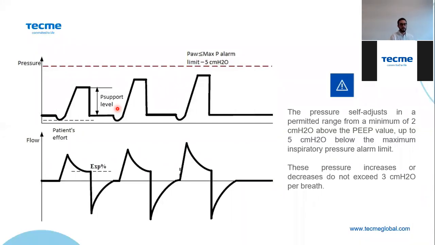So it's the same as PRVC, but 100% spontaneous. Again, the safety limit about the pressure is the same as PRVC, 5 centimeters of water below the maximum inspiratory pressure alarm, okay?